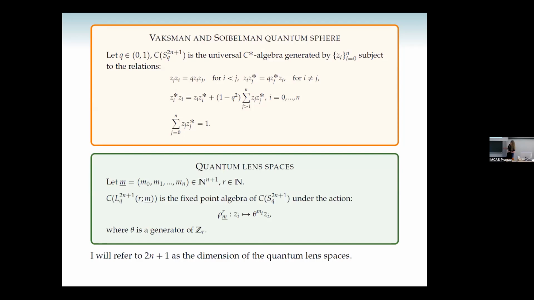Here we take, again, this set of weights, I will call them m0 to mn. Then we have an action on S_q^{2n+1} like this, and we can define the lens space as the fixed point algebra under that action. In this talk, I will refer to this 2n+1 as the dimension. So we will look at dimensions 3, 5, and 7.